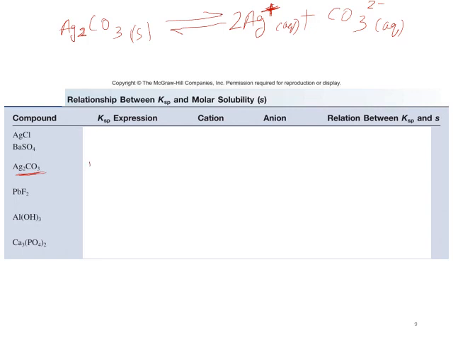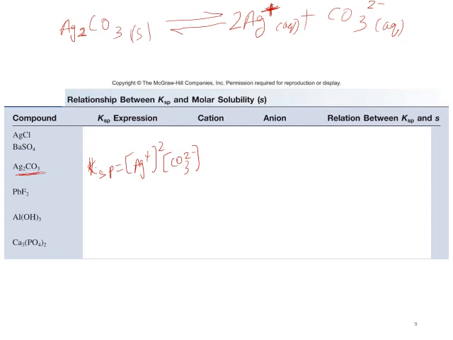Ksp equals the concentration of silver ion squared times the concentration of carbonate ion to the power of 1. Right, so that's my expression for Ksp for this particular salt.